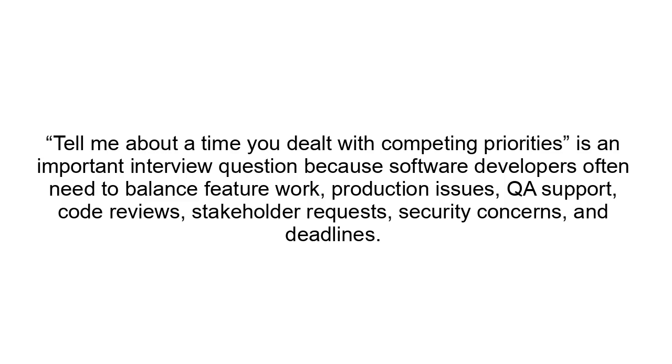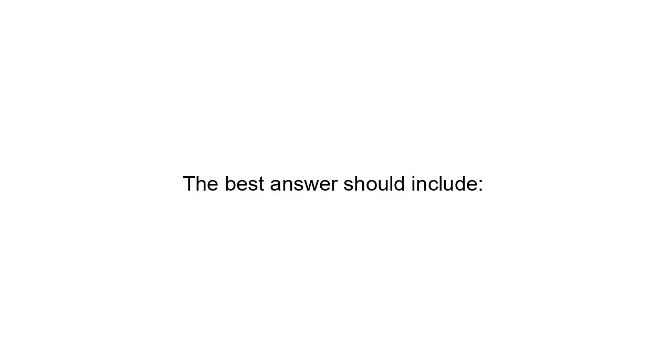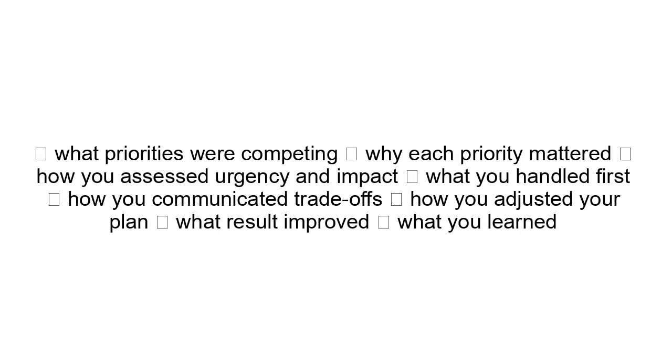Final summary. Tell me about a time you dealt with competing priorities is an important interview question because software developers often need to balance feature work, production issues, QA support, code reviews, stakeholder requests, security concerns, and deadlines. The best answer should include what priorities were competing, why each priority mattered, how you assessed urgency and impact, what you handled first, how you communicated trade-offs, how you adjusted your plan, what result improved, and what you learned.